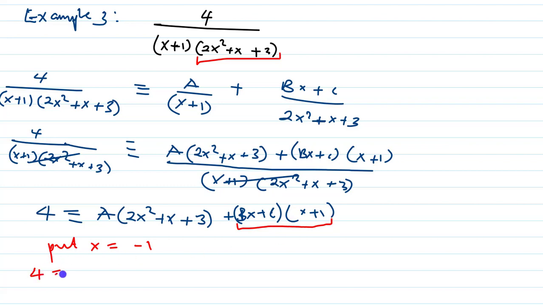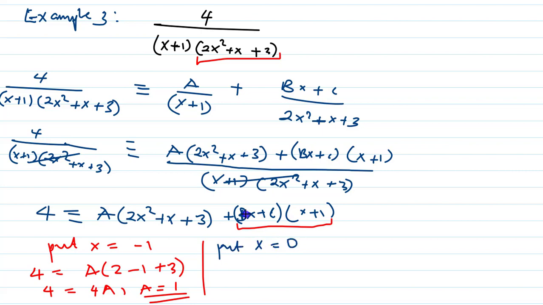So I'll have 4 equals a into, so -1 squared, that's a 1. So we have 2 minus 1 plus 3. And then we have 4 equals 4a, which implies that a is 1. So we have the first value. Right, let's choose another value of x.